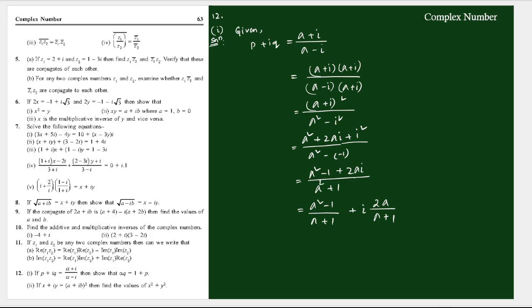This is alpha square, alpha square. Okay, so compare: p is the real part, q is the imaginary part. So whether we get alpha q or not, we need to show that alpha q equals 1 plus ip.